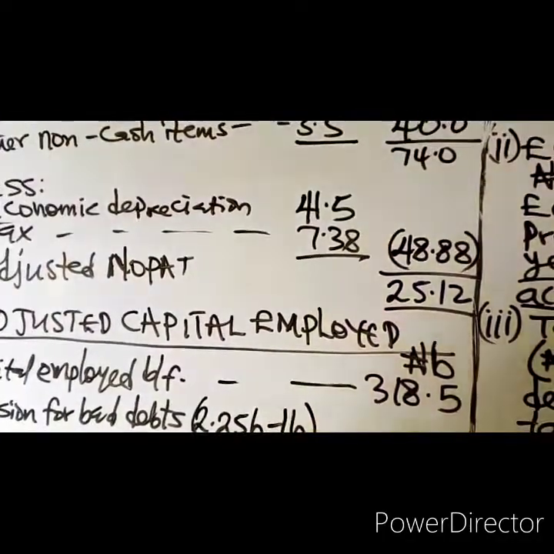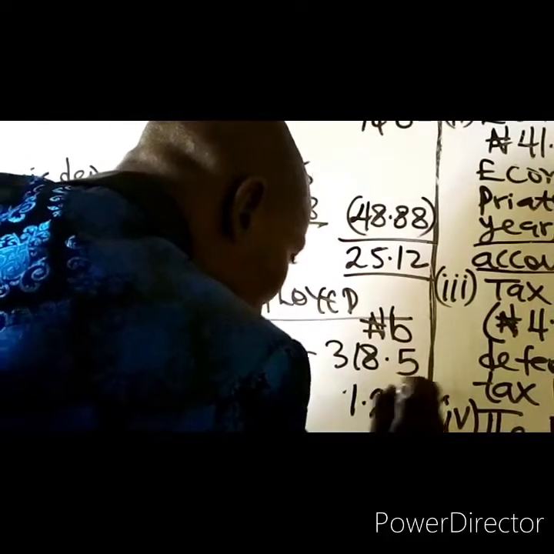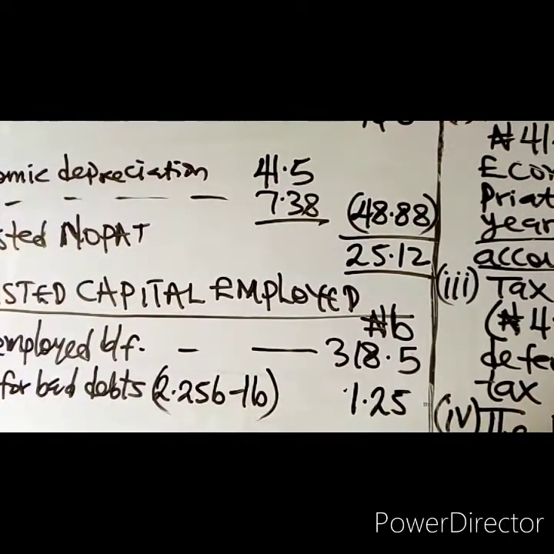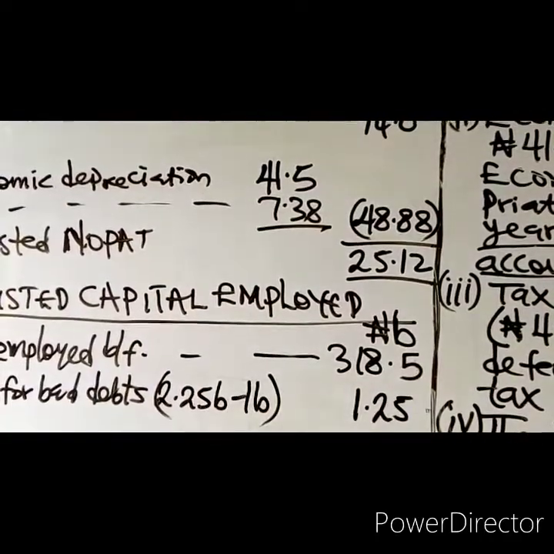That will give us 1.25 billion. This is the balance as at 2017. So it is this amount that will be adjusted in our capital employed.